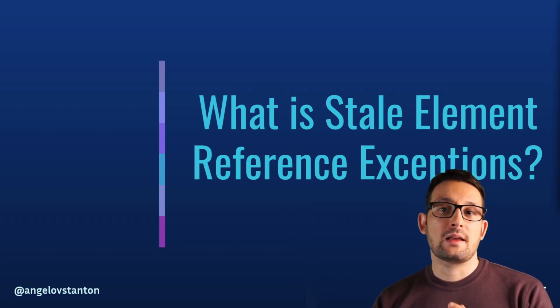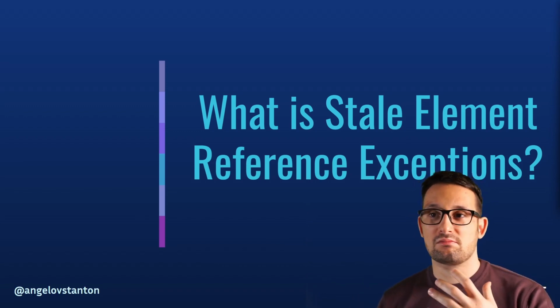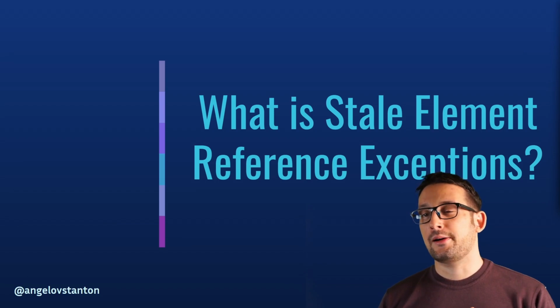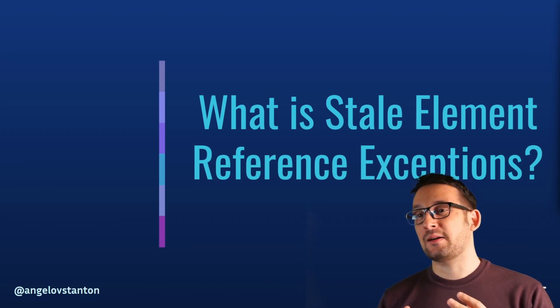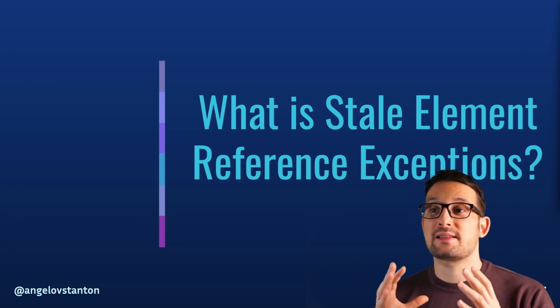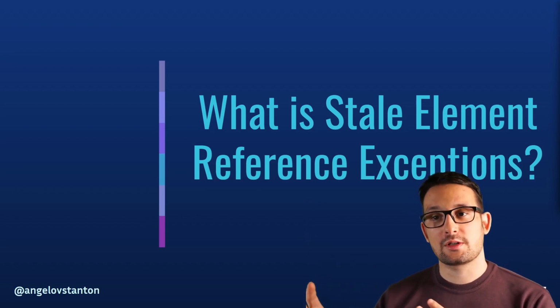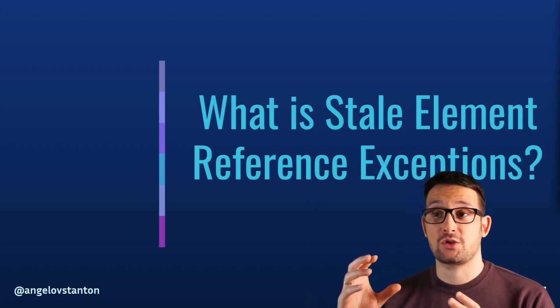And now, StaleElementReferenceException is a bit more challenging than the rest of them. This is why we have a separate video about it. Usually it's more challenging to handle because the element is stale. According to dictionary.com, one of the definitions of stale is not fresh.